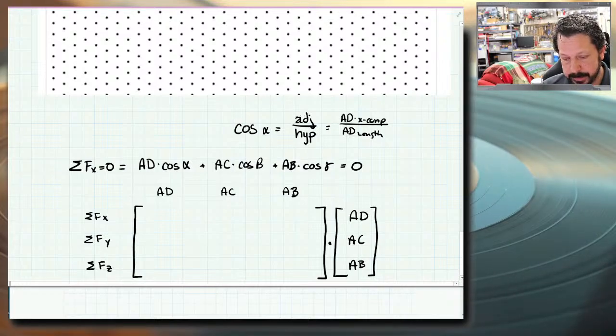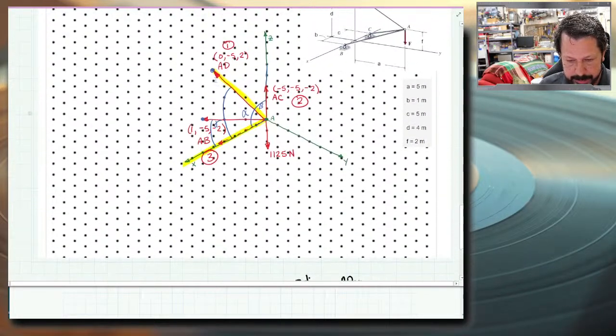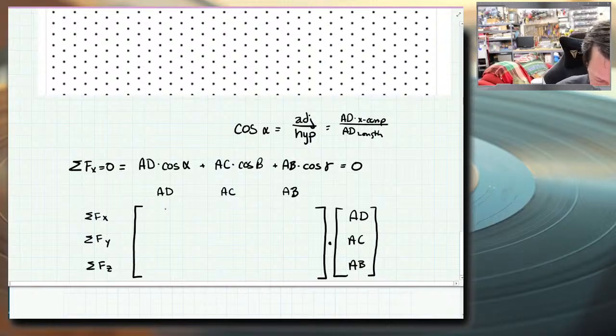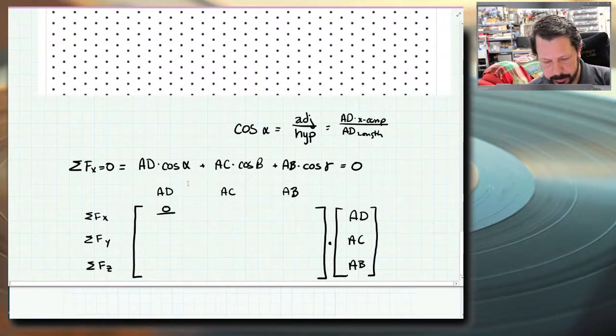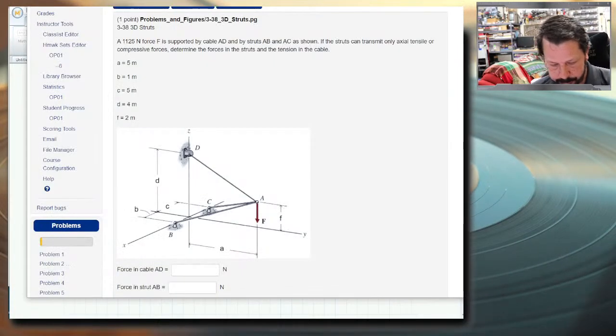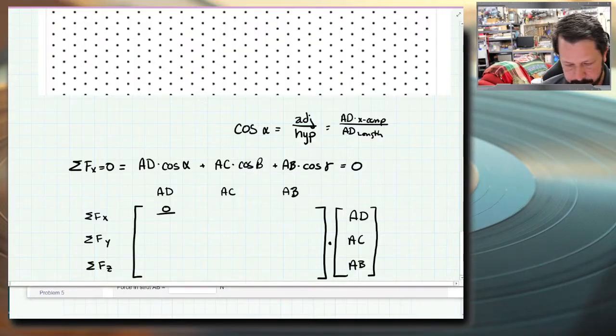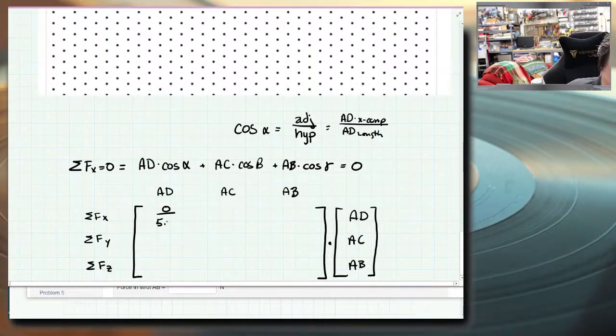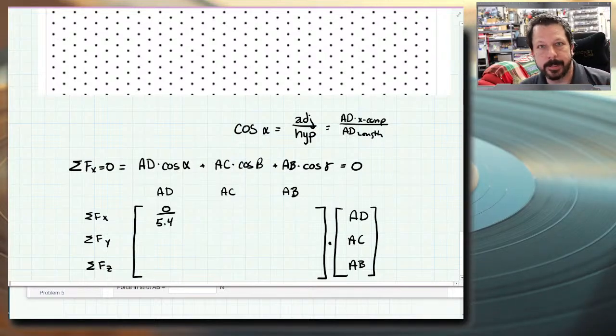Cosine of alpha is the adjacent side for this force over its hypotenuse. So that is 0, the x component, over L1, or the length of AD, which is 5.4. Or you could put L1 in there.